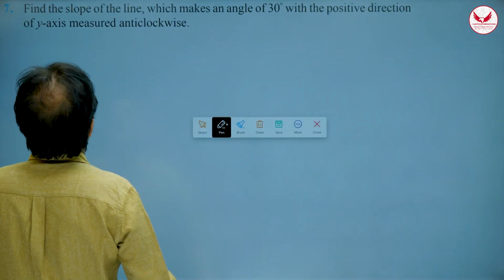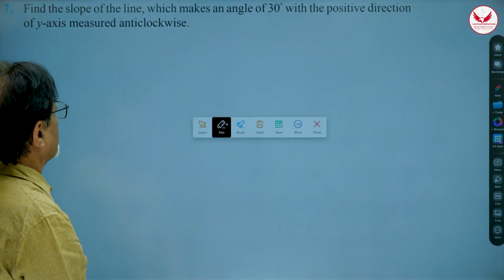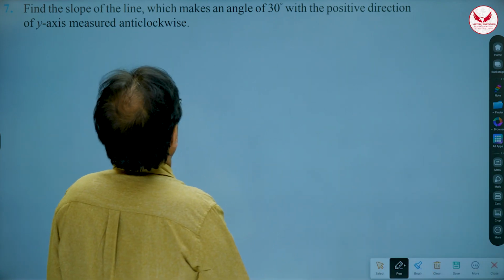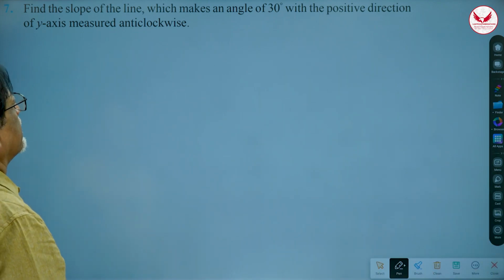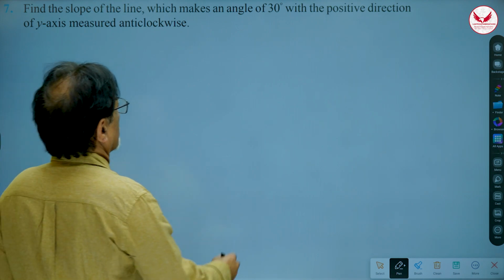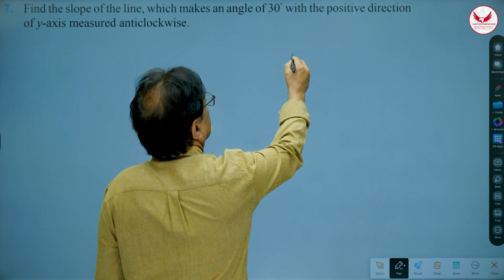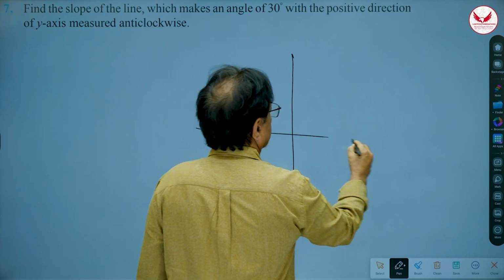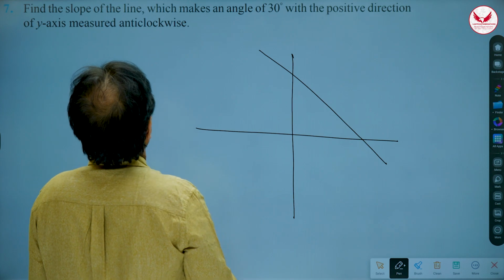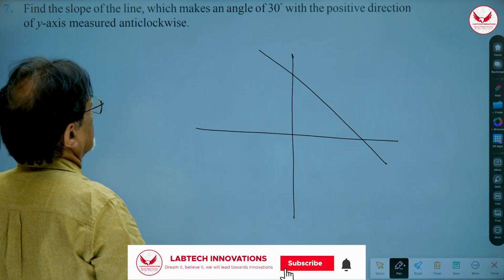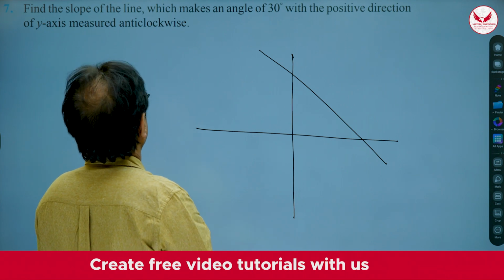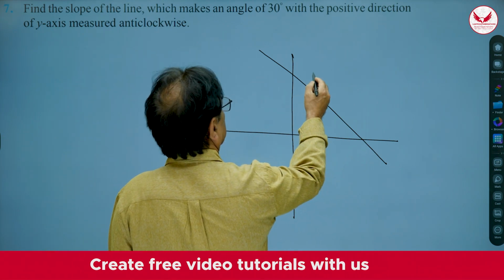The next problem is again a very simple problem. Find the slope of the line which makes an angle of 30 degrees with the positive direction of y-axis measured in anticlockwise direction, right?